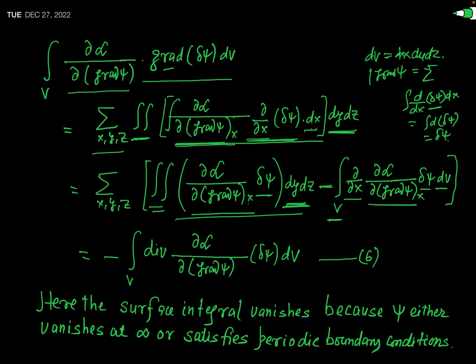You know that a surface integral vanishes because this psi either vanishes at infinity or it satisfies the periodic boundary condition, and that's why we simply say that this surface integral will vanish. A surface integral is inversely proportional to r square, and when r tends to infinity, this integral will become 0. And that's why we simply say that this surface integral inside this square bracket is 0.